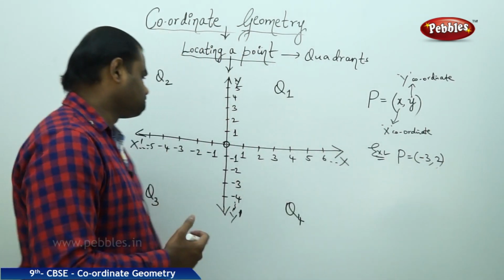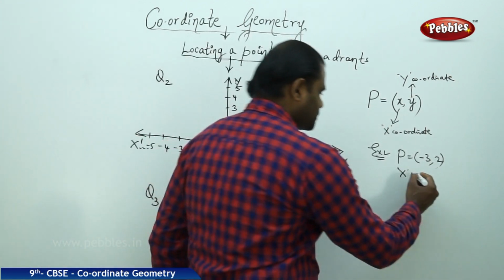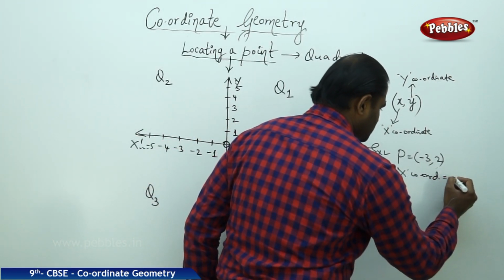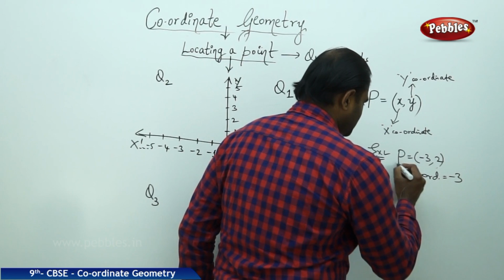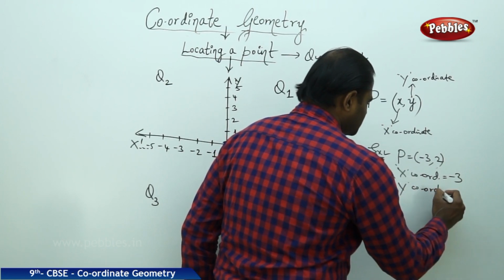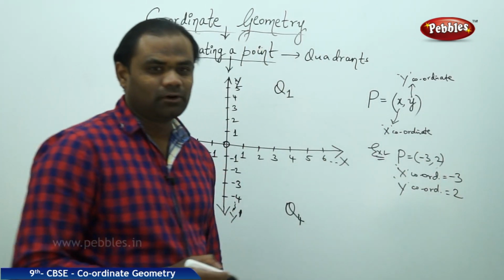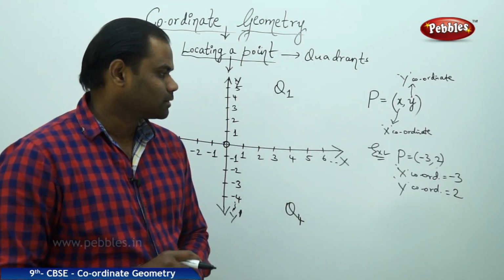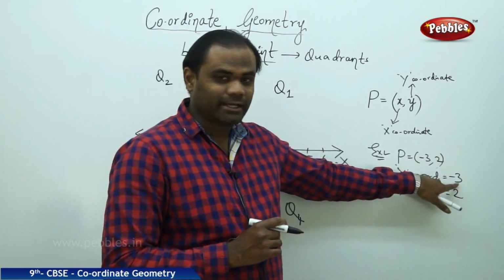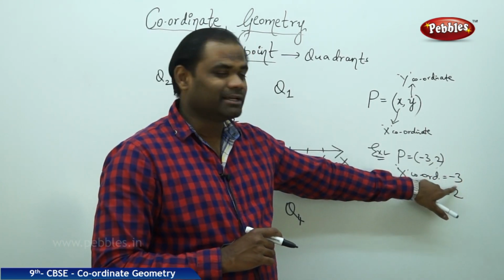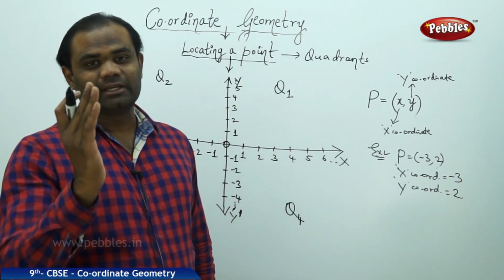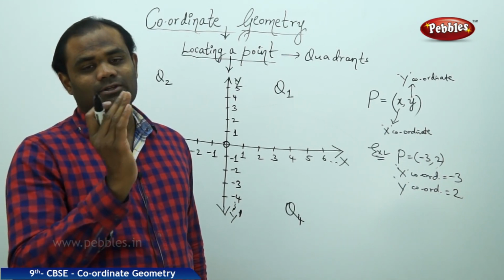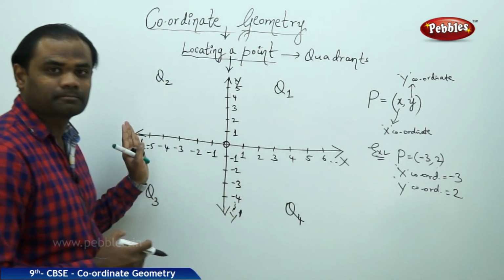Therefore, my x coordinate is minus 3 and my y coordinate is 2. As the x coordinate is negative in this example, I understand that, being negative, the x value lies on the left of the origin.